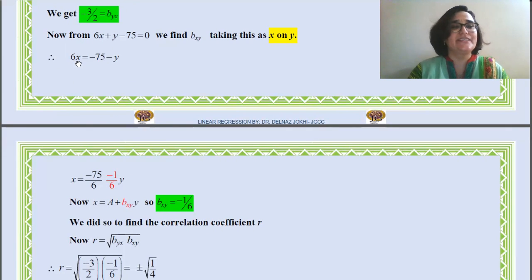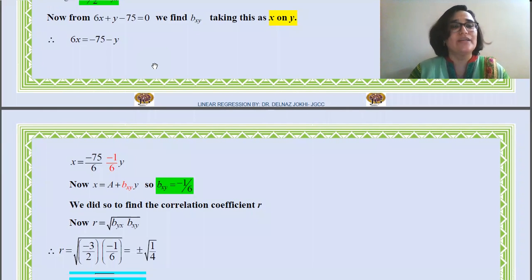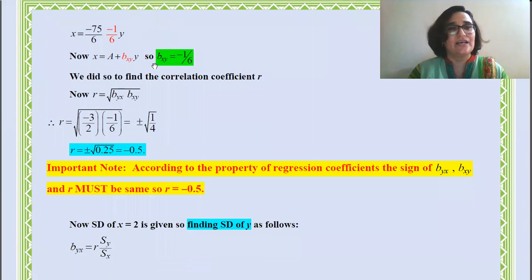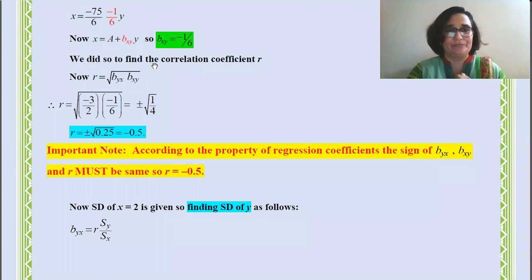Great. So now what do we want? x alone on the left hand side. So what should we do? See, 6x is equal to minus 75 minus y. Over here, when you take it on the other side, we want x is equal to minus 75 upon 6 minus 1 upon 6y.